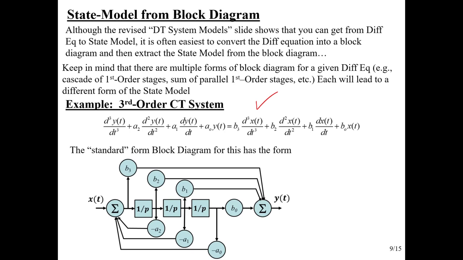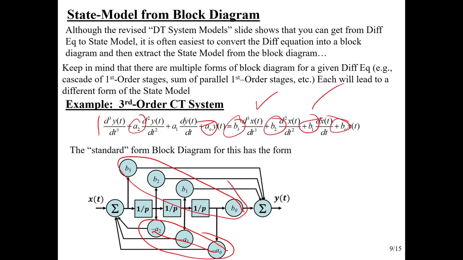And pay attention to the ordering of the coefficients, a0 to a2, a0 to a2, and a 1 out in front, and then a0 to a3 here. So the order of those in the differential equation impacts the order that they go in the block diagram.